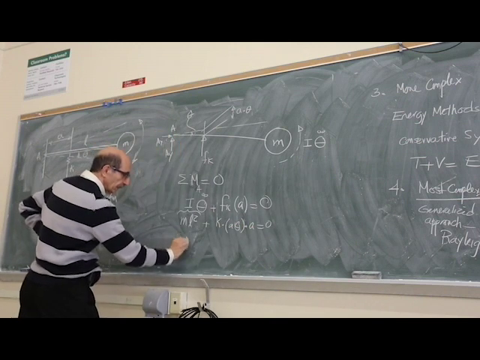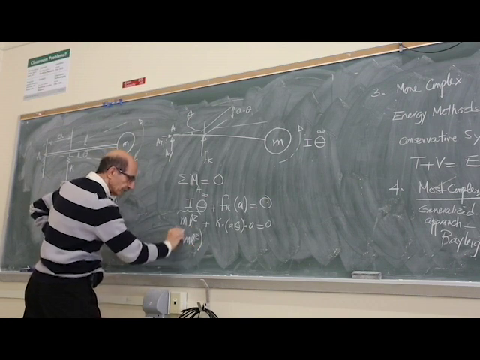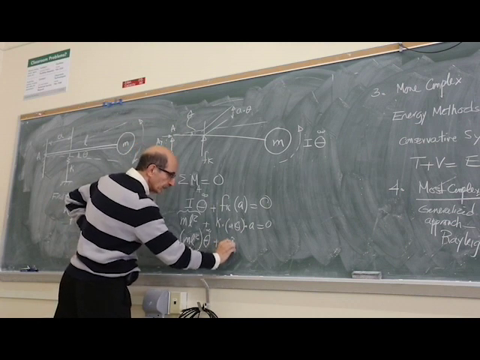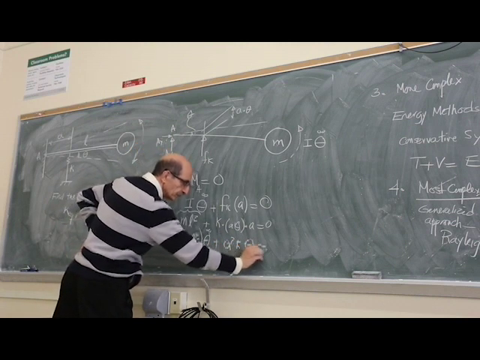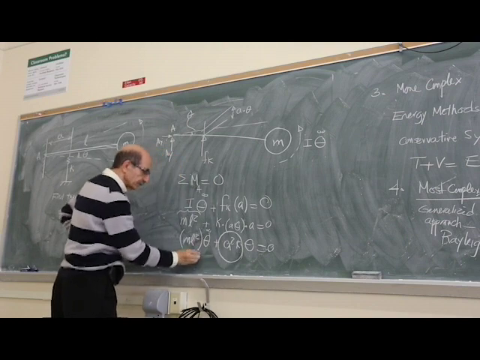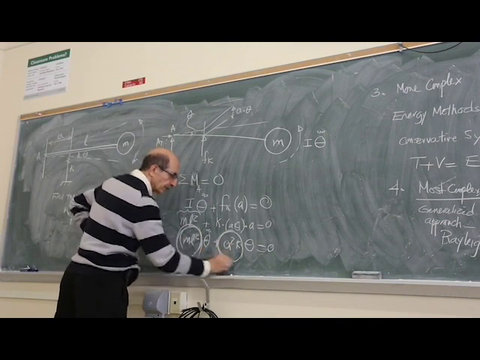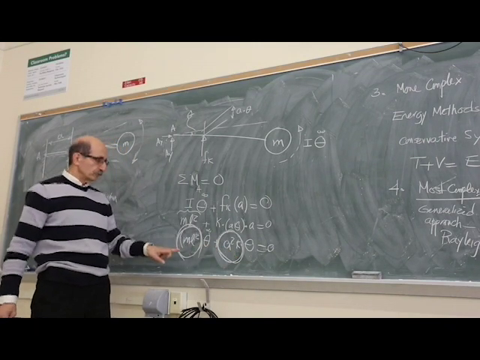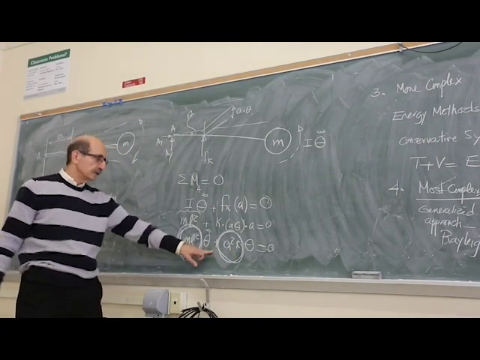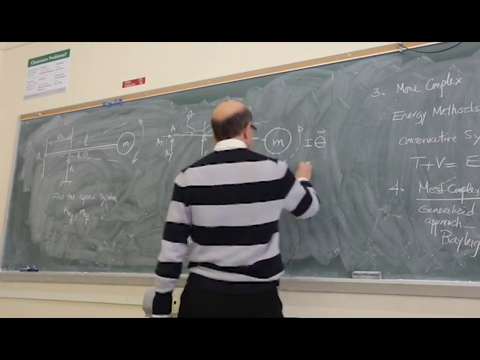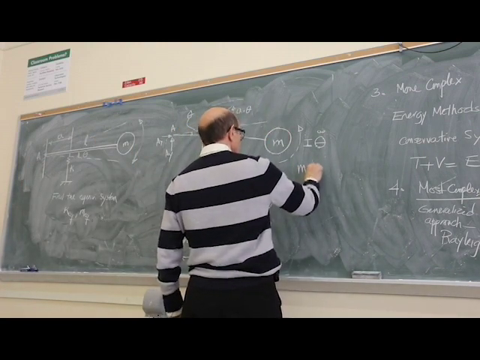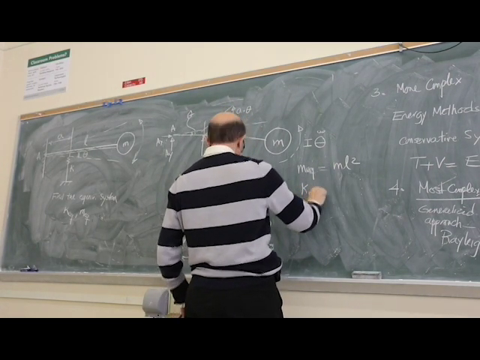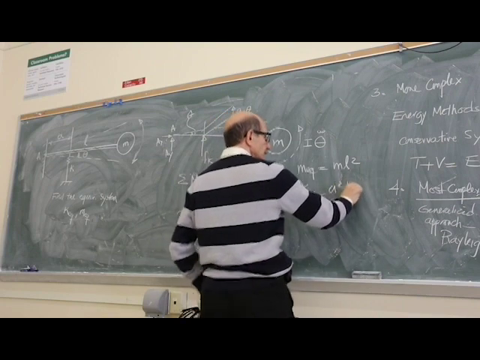So this becomes m L squared theta double dot plus A squared K theta is equal to 0. Let's look at it. The terms of the acceleration and the displacement, which define M equivalent and K equivalent, would be what? M equivalent is m L squared, and K equivalent here would be A squared K.